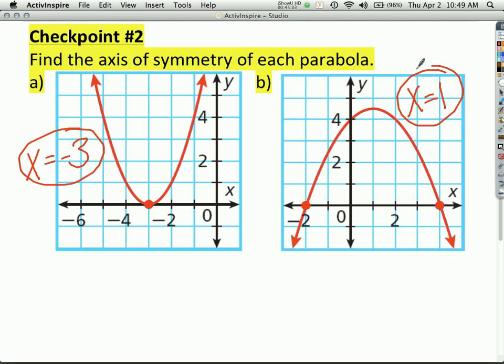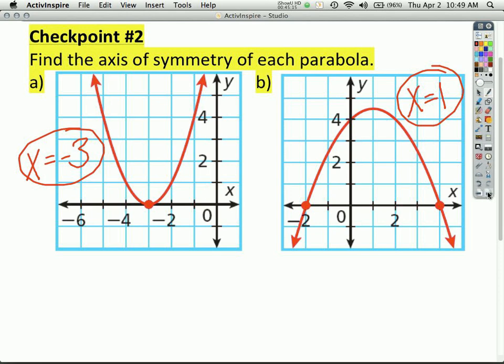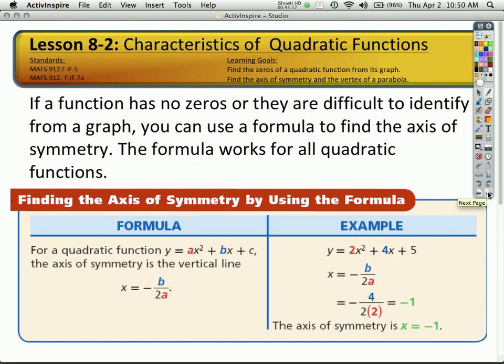So far, fairly basic stuff. A lot of it visual. Hopefully you feel confident. So now we take it one step further and take away the visuals. What if you have a function that doesn't have zeros, or you don't have a picture? Well, there's another way to find the axis of symmetry.